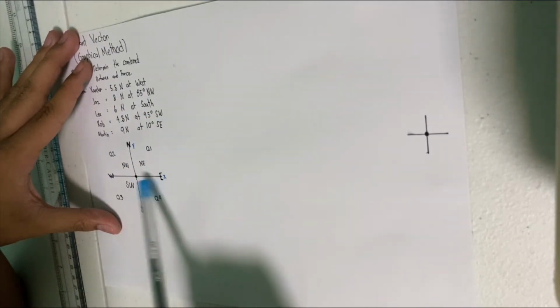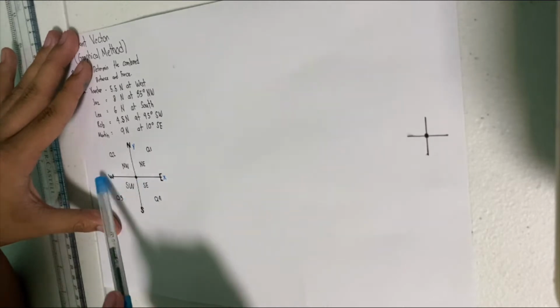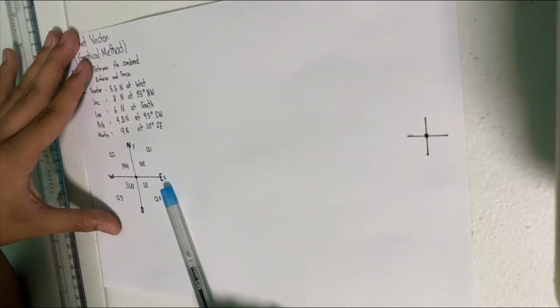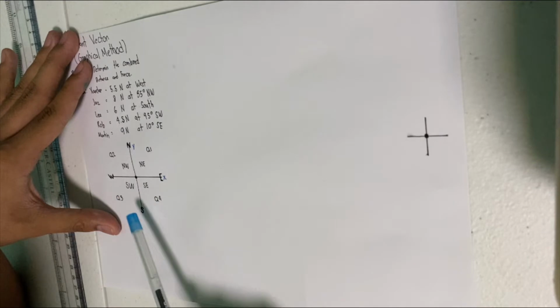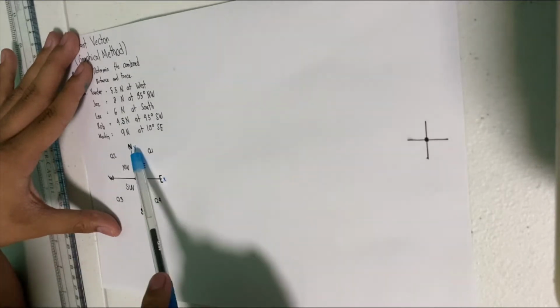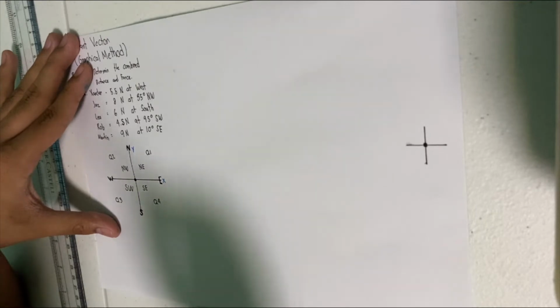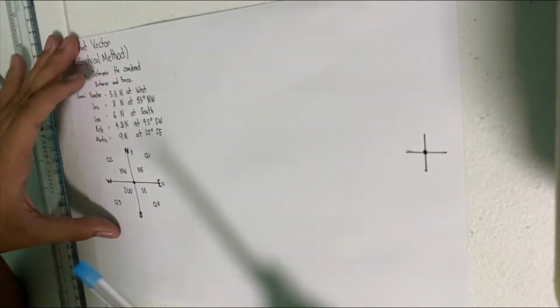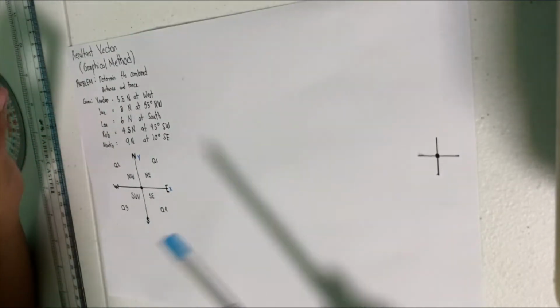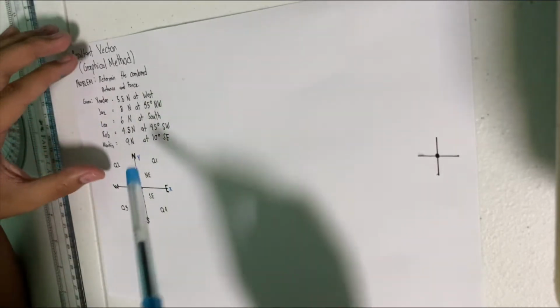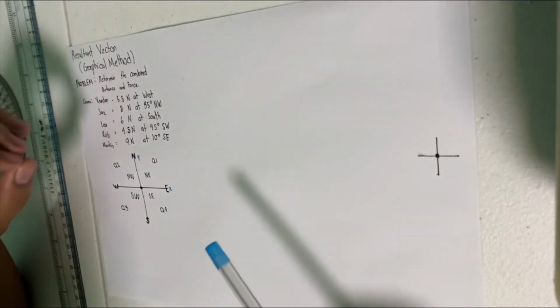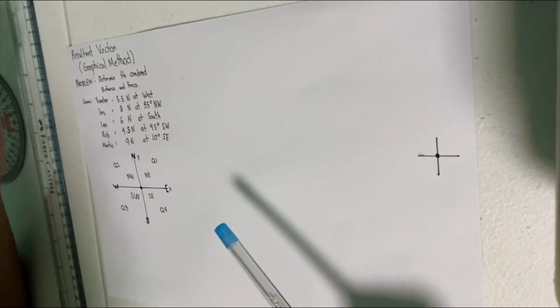When it comes to west and east, it is 0 because it belongs to the x-axis, and north and south belong to the y-axis. So the y-axis is absolutely 90 degrees, and the x-axis is absolutely 0 degrees. Here, west and south don't have degrees.